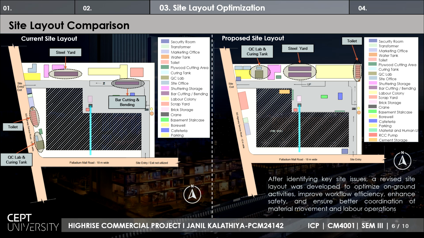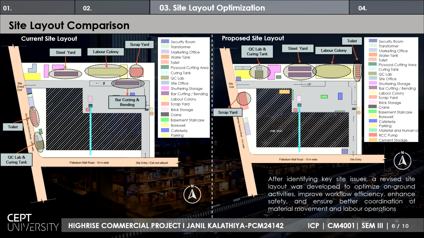They were located together to avoid any travelling and any accident that could cause an interruption during execution on the site. The labor colony was shifted to the corner of the site beside the toilet, so the labor had much better access all over the site.